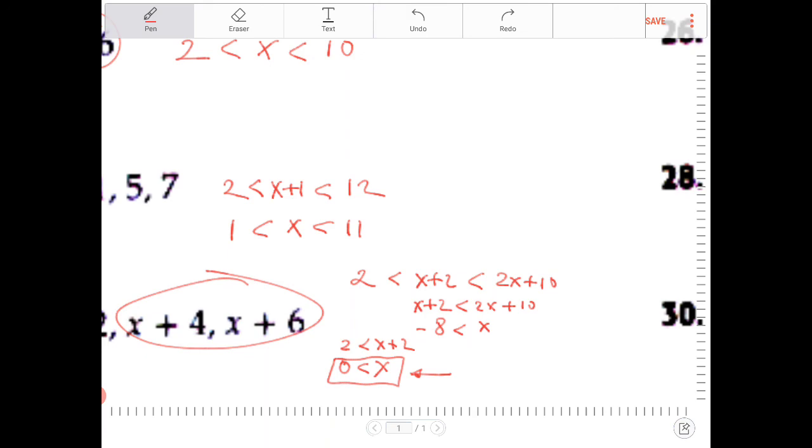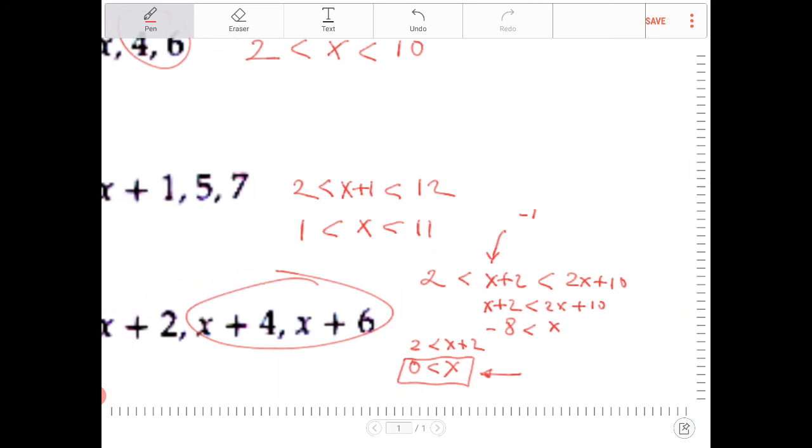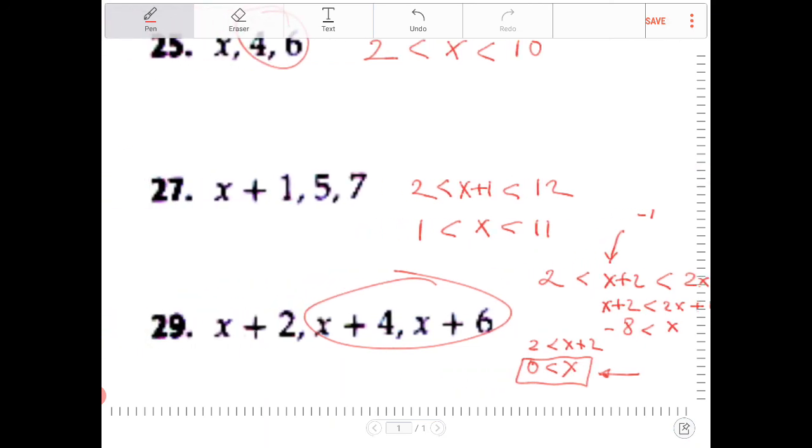Okay? So, I mean, if what I'm saying doesn't sound convincing, try putting in, let's say, negative 1. If you put negative 1 into all of these, you'll end up with 1, 3, and 5, right?